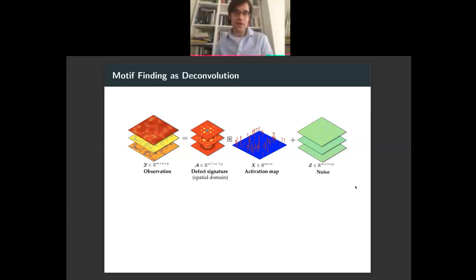And the other is a sparse activation map that tells you where the motif is happening in the sample. So what this model says is my data was generated by taking my basic motif and then stamping it down here, here, here, here, here, here, here, here. And everywhere I'm going to stamp it down, I put a spike. So in this model Y, my observation is A, the motif, convolved with X, the spike train.